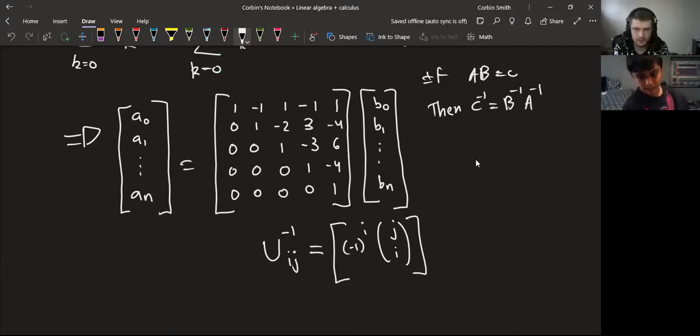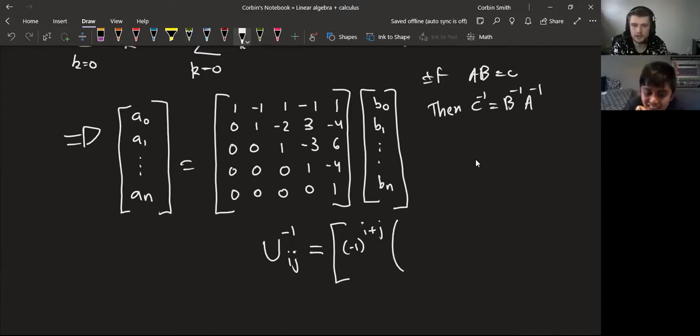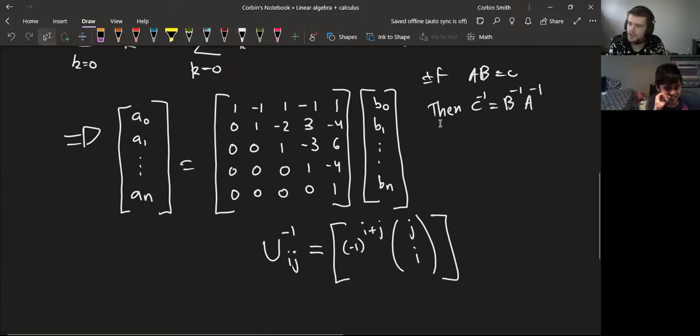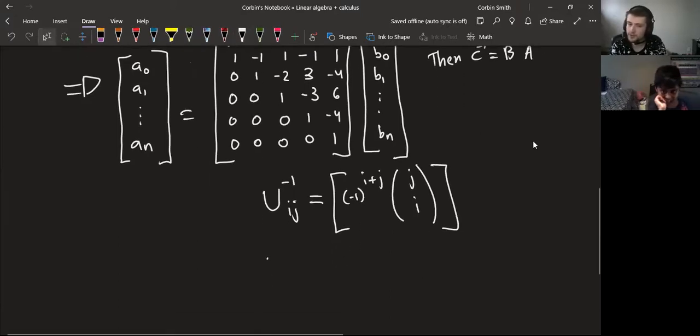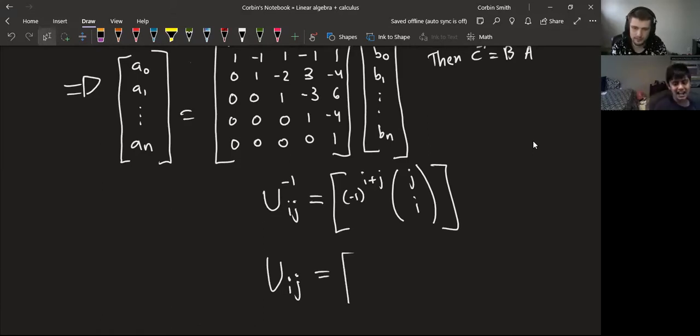I see what you're saying, because this definition right here would have all of the columns be the same sign. This is what it is. Okay, and we saw that if we define U inverse this way, then using Lagrange's... What would L inverse be?